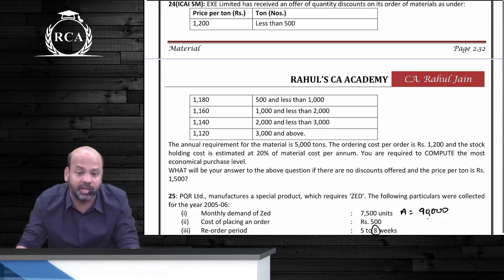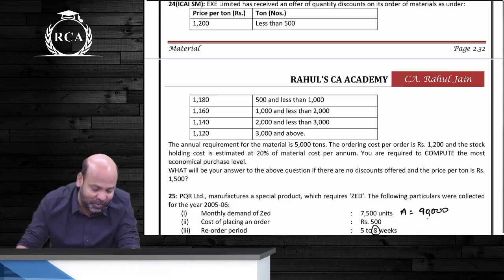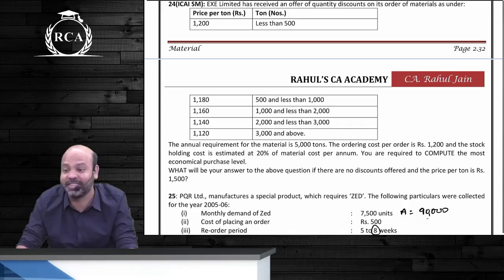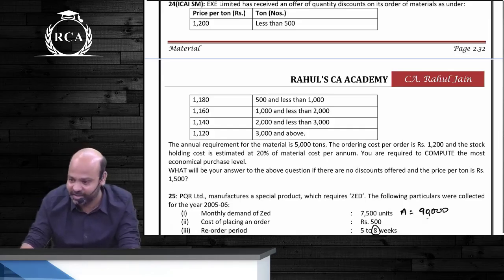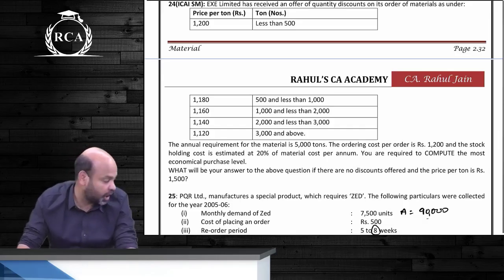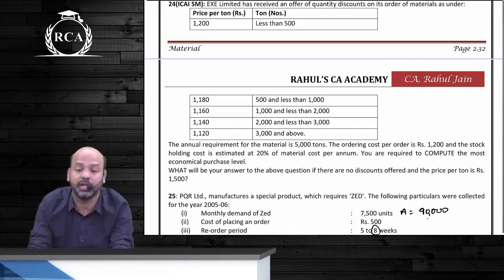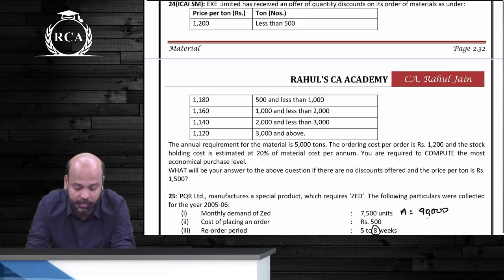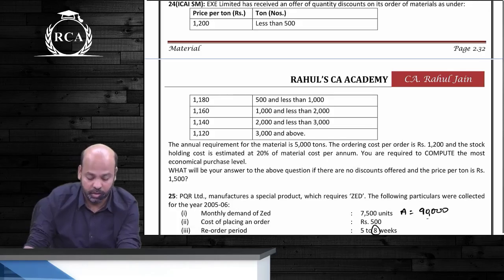So prices are given, guys. Carrying cost will be given in percentage so that we can compute carrying cost based on that purchase price and compute total carrying cost. The annual requirement for the material is 5,000 tons. Ordering cost per order is 1200 rupees and the stock holding cost is estimated at 20% of the material cost per annum. You are required to compute the most economical purchase level.